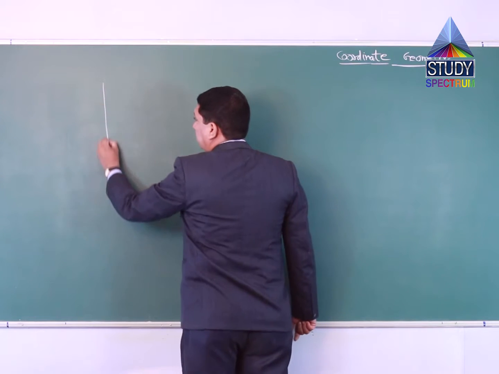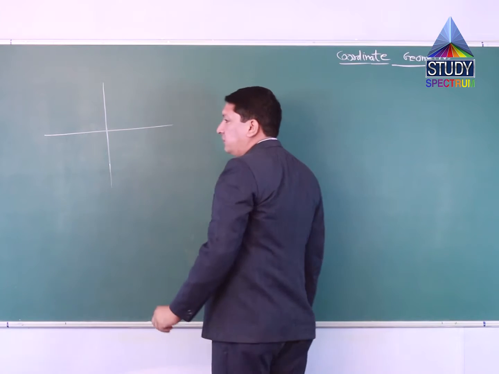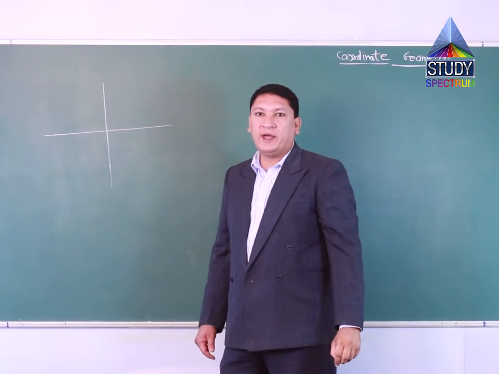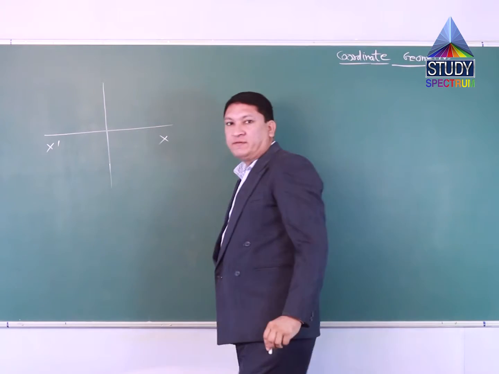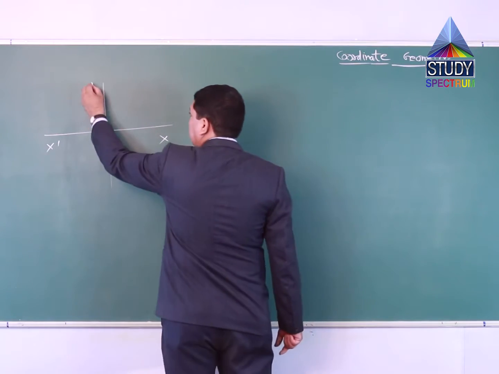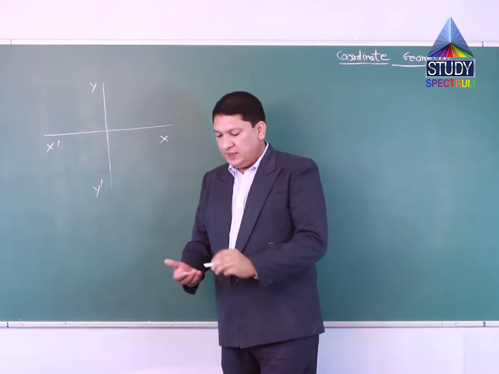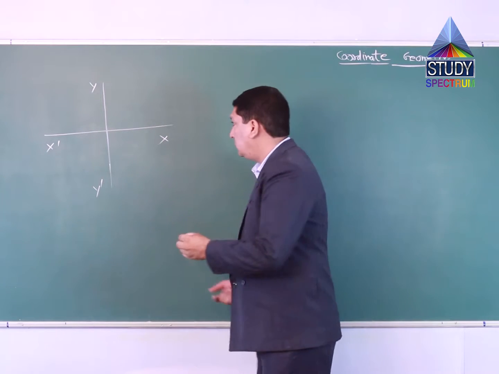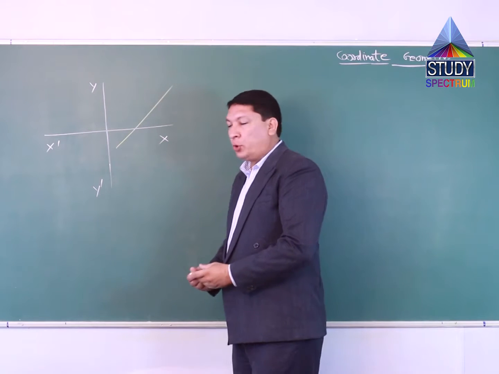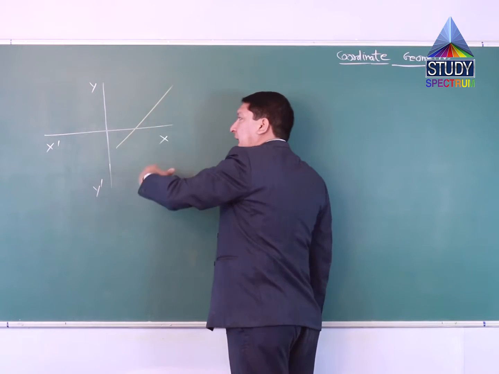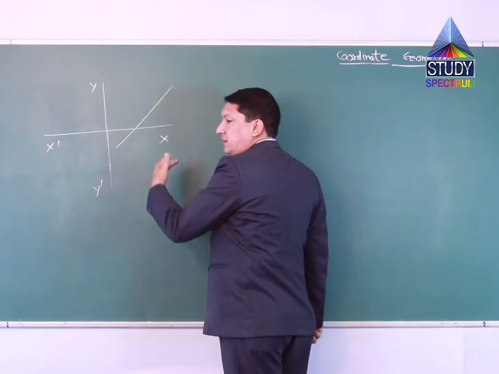So first we'll start with a graph. When I say graph, there is an x-axis and a y-axis. I'll write it down: x dash, y dash. Now in this graph, suppose I am not drawing a straight line, I am drawing a bent line.